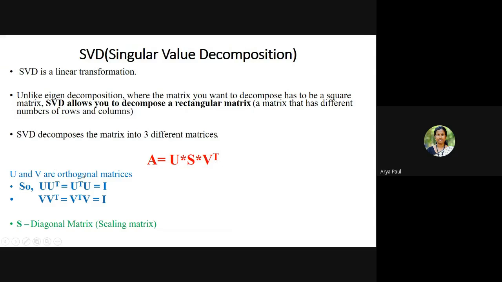Here U and V are orthogonal matrices. What is the speciality of orthogonal matrices?